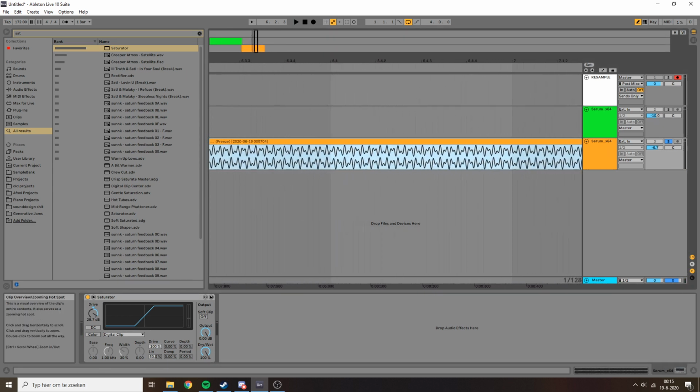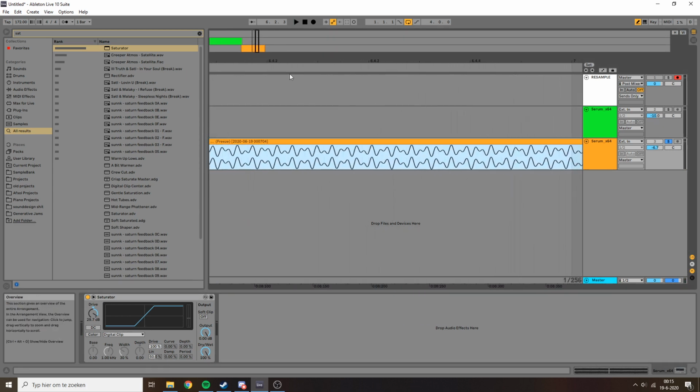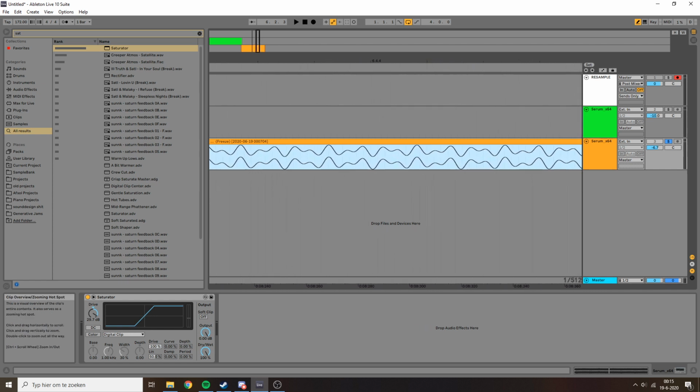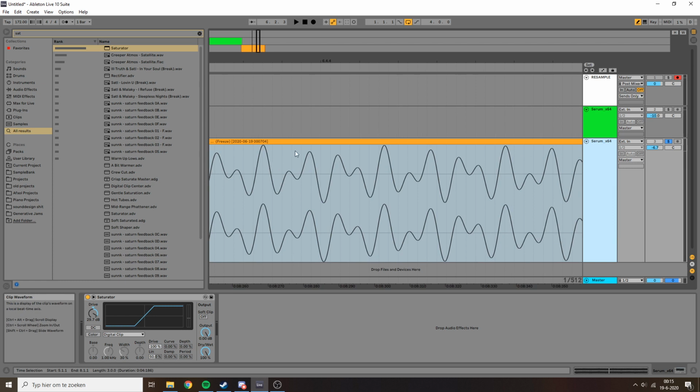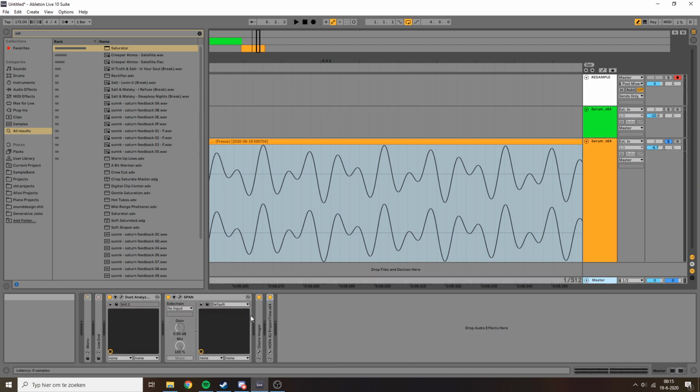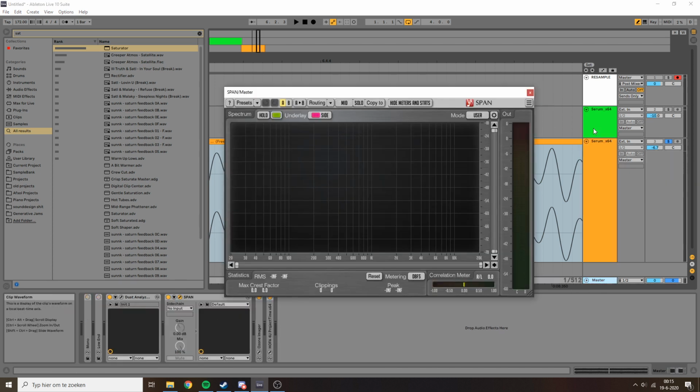And this is unfortunately where things get a bit complicated, because you can see that the two sine waves make a funny pattern when they're together like this. And because of that, the distortion is going to respond in a less predictable way.